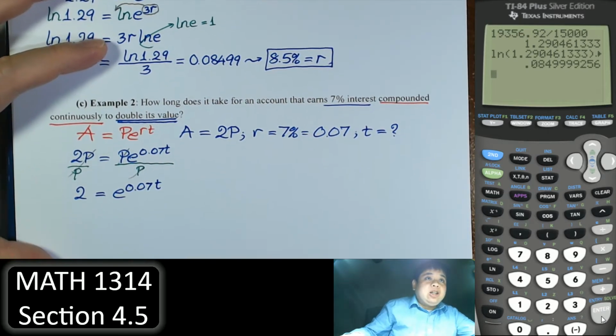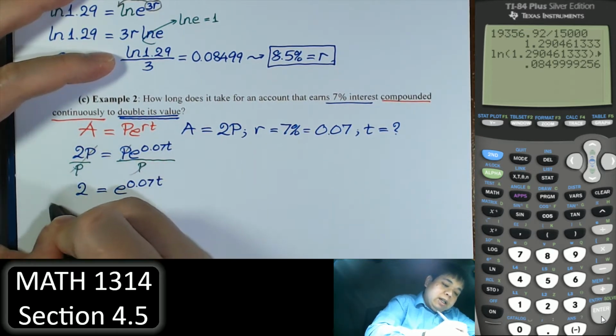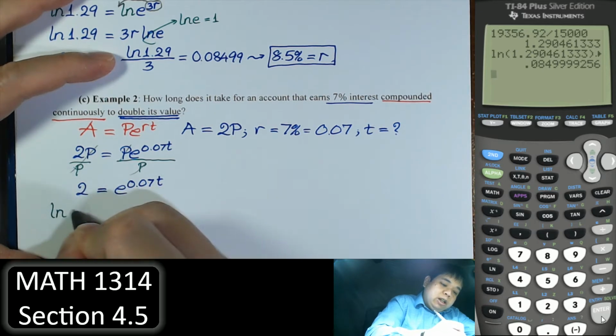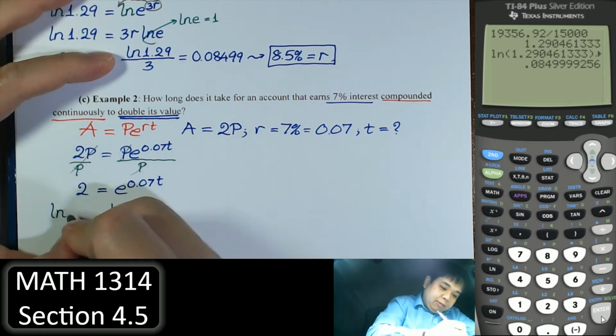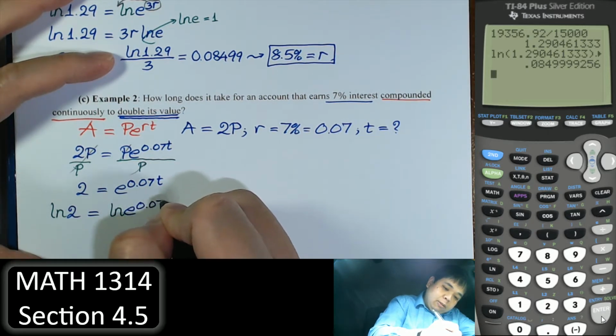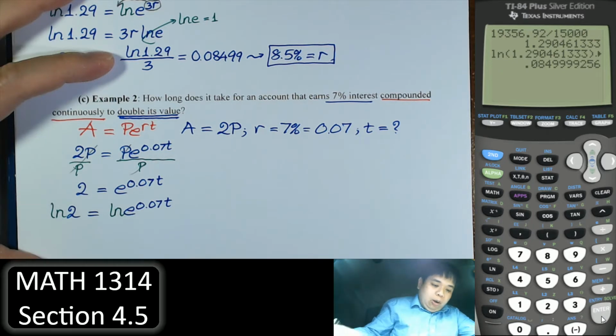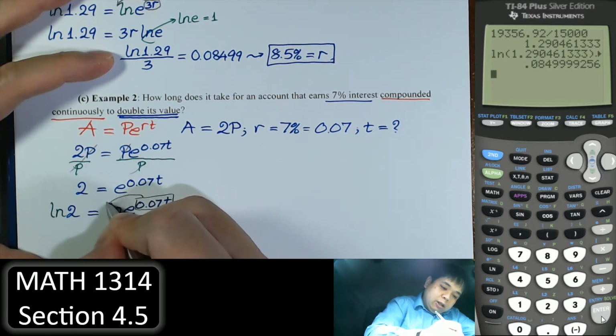Just like the previous problem, we try to solve for a term in the exponent, and we cannot get them to the same base. So I will take ln on both sides. When we do that, we can take the exponent down.